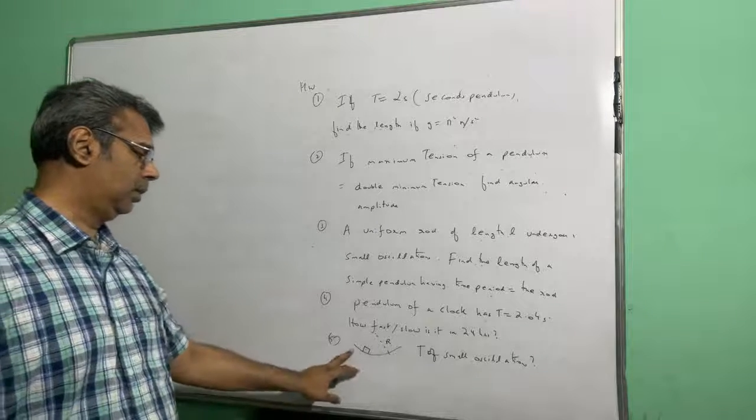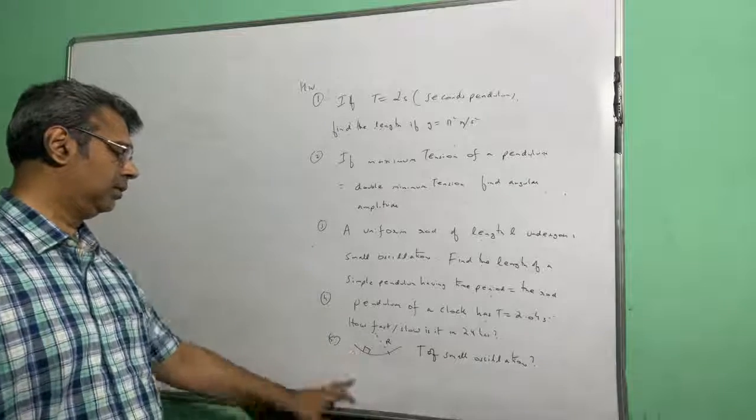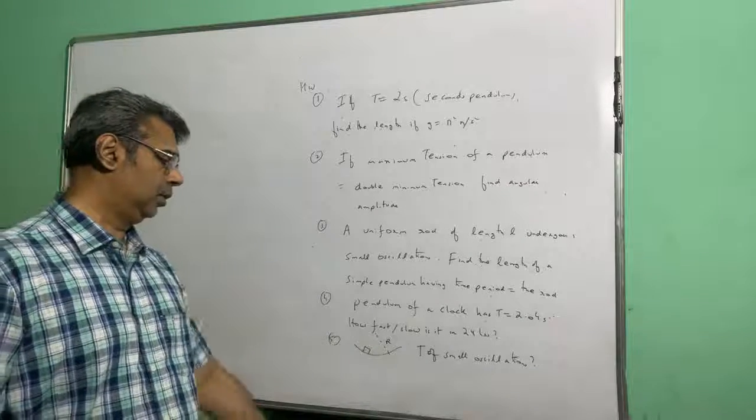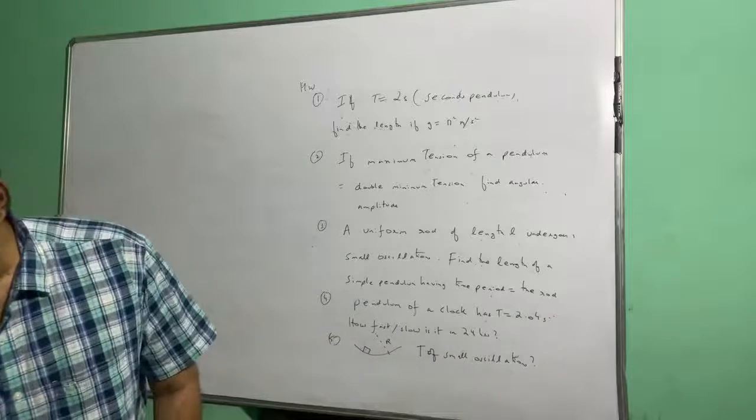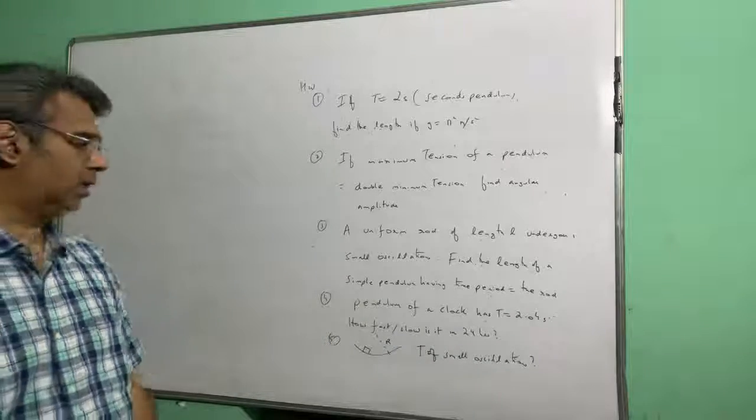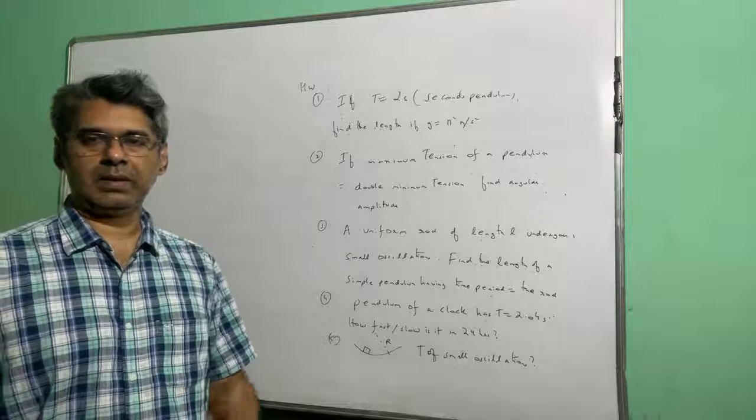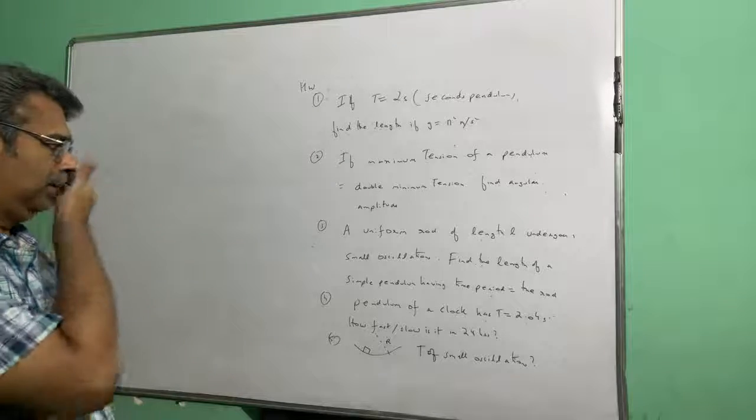There is a small block oscillating on a concave surface of radius r. What is the time period of small oscillations? So this is not a pendulum sum, but a general simple harmonic motion sum.